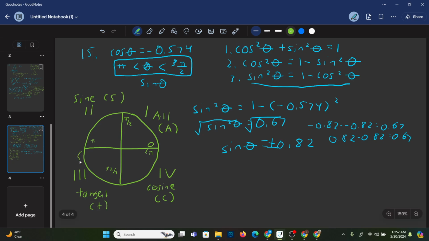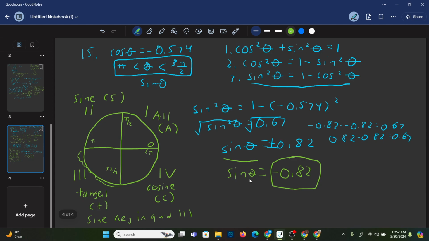And so this would be quadrant 3. And sine is negative in quadrant 3. So that means that this would have to be negative. So this would be our final answer, negative 0.82, because sine is negative in quadrant 3. Only tangent is positive in quadrant 3.